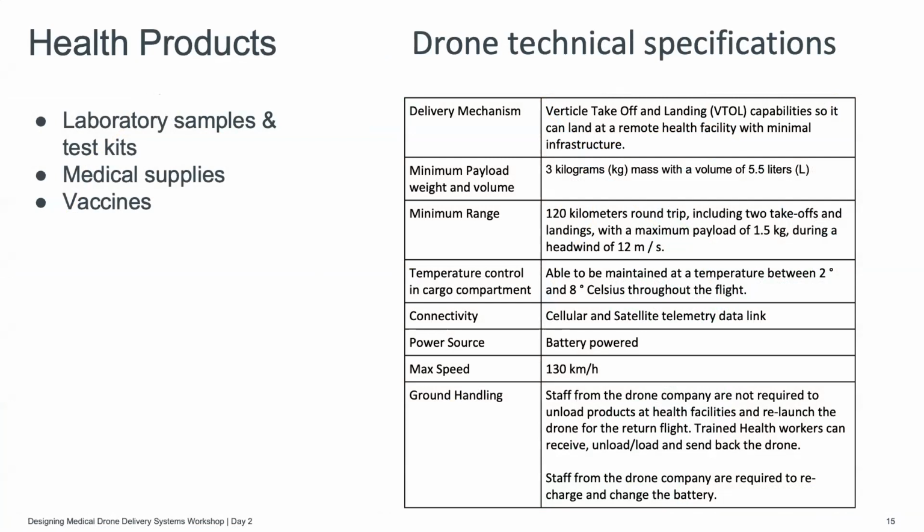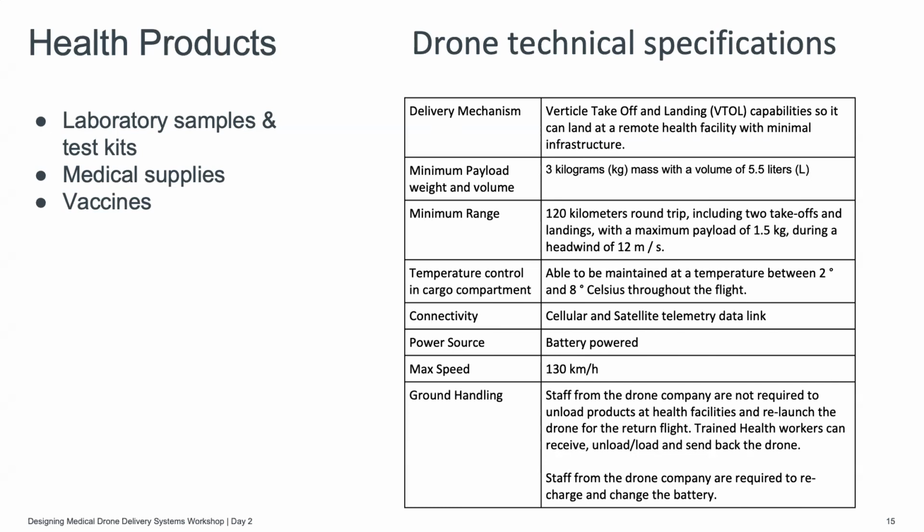So the health products that are being taken currently are laboratory samples. These are blood samples, but also saliva samples, and I think urine samples. We also intend to co-opt medical supplies as well as vaccines into the delivery system. The specification of the drone for delivery in this area is a VTOL system with a payload capacity of 3 kilograms.